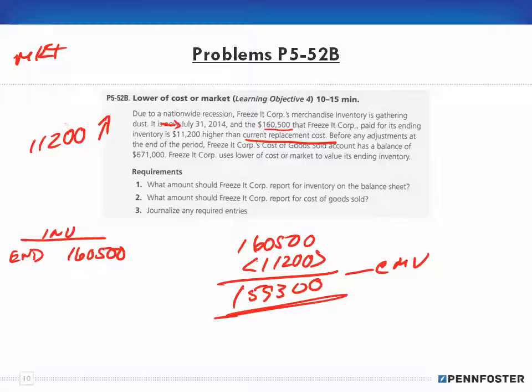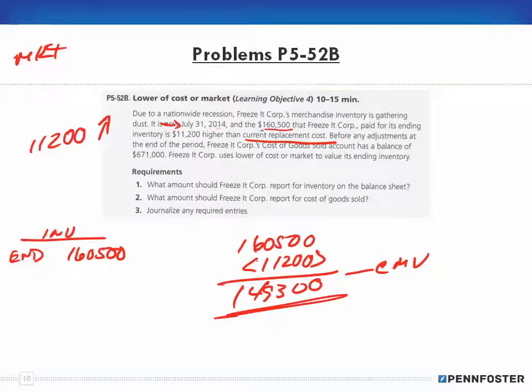No, that's not right. Let me get my calculator here. 160,500 minus 11,200 is 149,300. So it says here it's collecting dust.